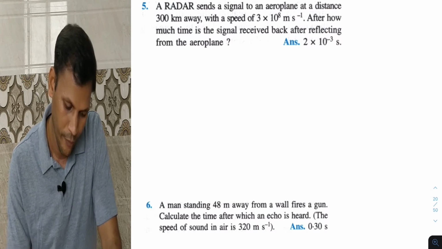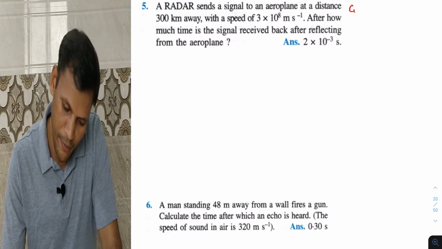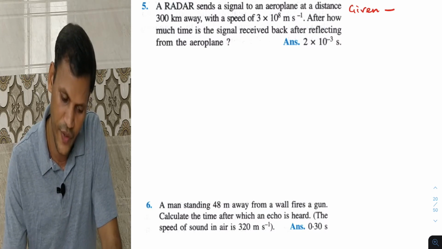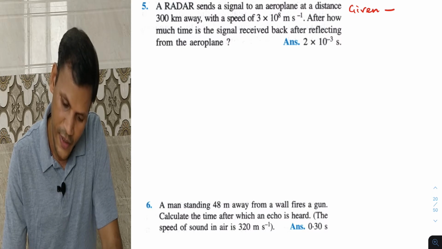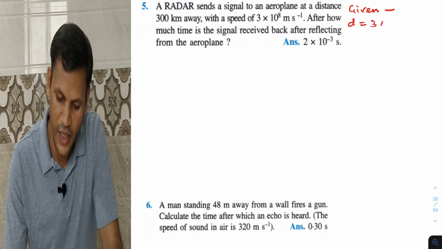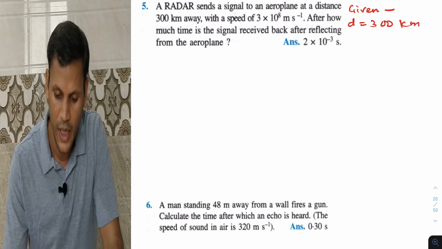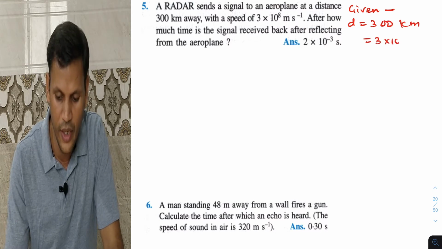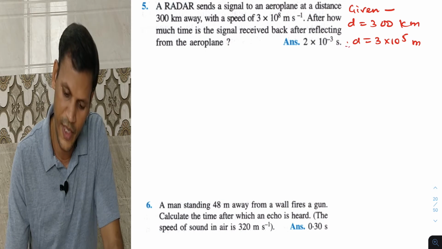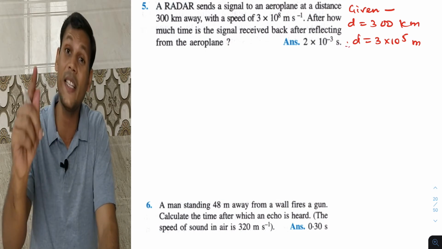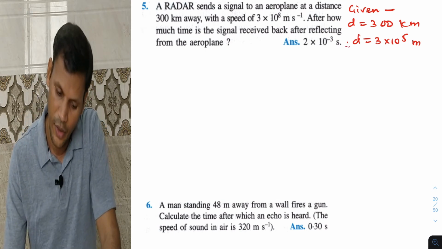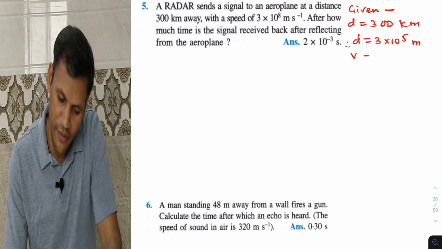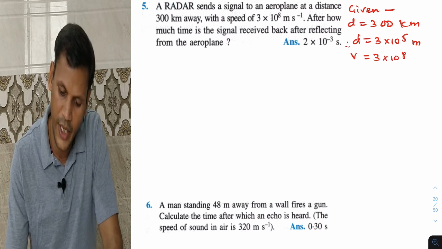Given distance d is equal to 300 kilometers, which I can write as 3 into 10 raised to 5 meters, because 1 kilometer is 1000 meters. And v is given as 3 into 10 raised to 8 meter per second.